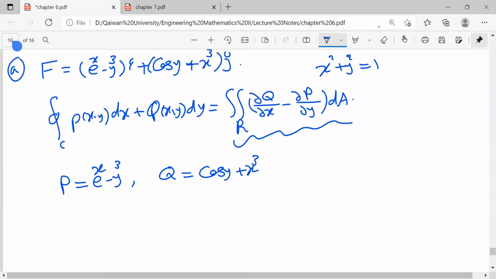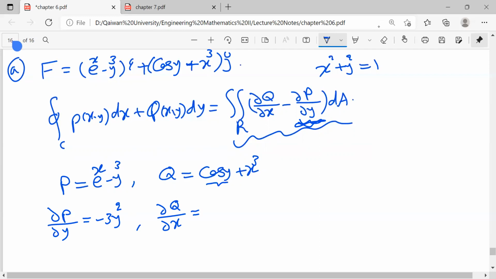And here we should find partial P by partial y. As you see here, partial P by partial y equals minus 3y squared. And we find partial Q by partial x. This term becomes 0, and we get 3x squared.